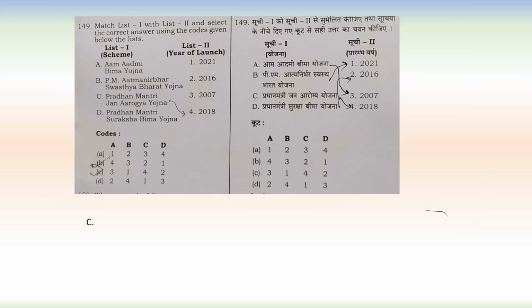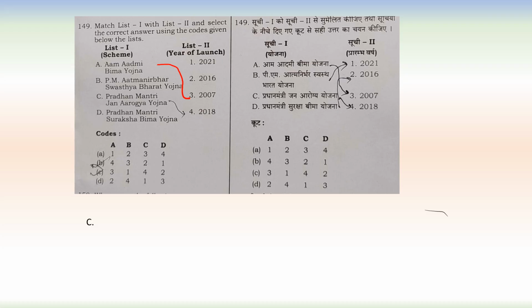Next one, match list 1 with list 2 and choose the correct answer. List 1 contains the scheme, list 2 contains the launch year. Aam Aadmi Bima Yojana came in 2007.